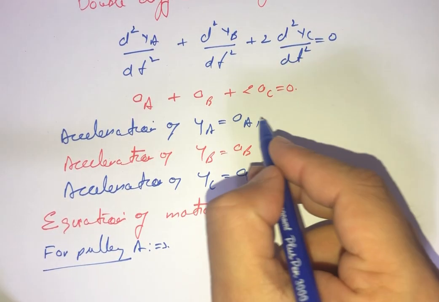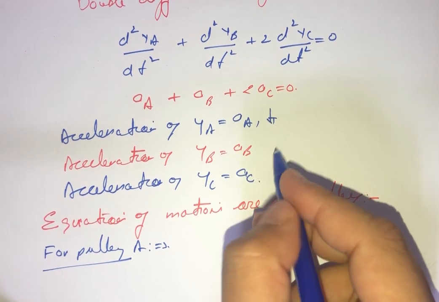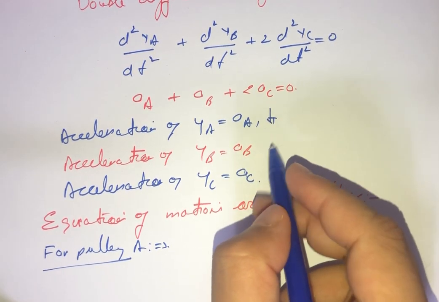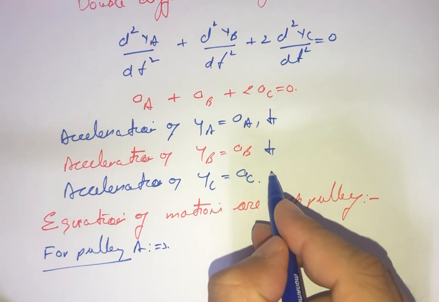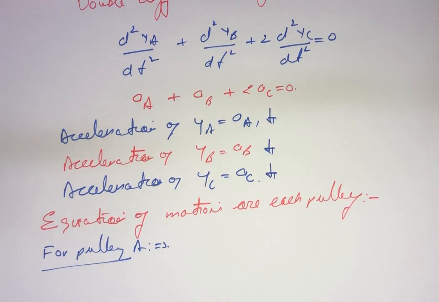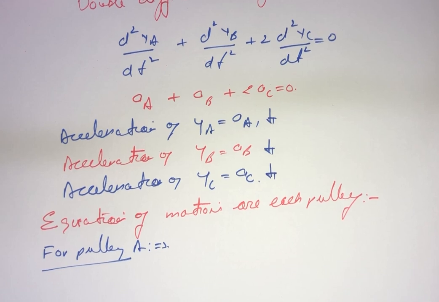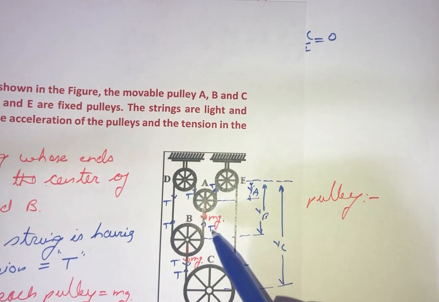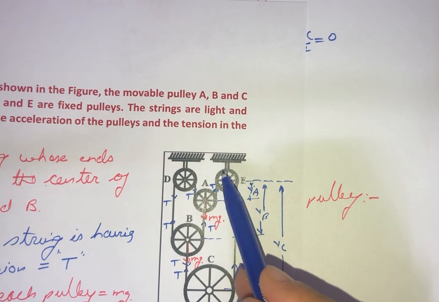Acceleration of A is AA in the downward direction, and AB is also in the downward direction, and AC, let us say, is also in the downward direction. Accordingly, the sign will come and we can just reverse it in the final answer. So in case of A, we have mg in the downward direction and two tensions in the upward direction.